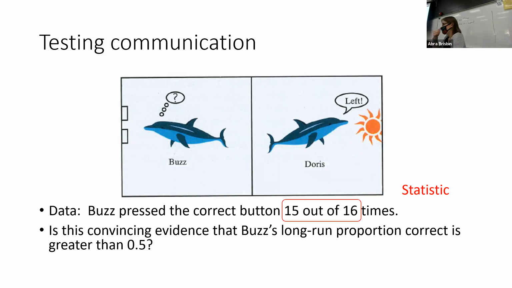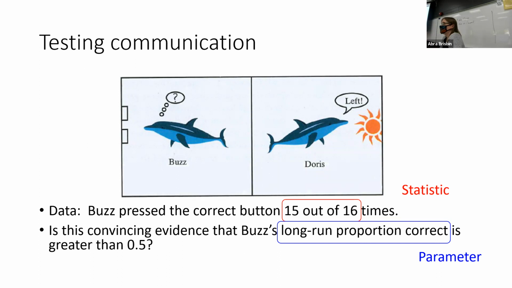Here the 15 out of 16 is our statistic. That's our value summarizing what's in the data, and we could write this either as the statistic is 15 or the statistic is 15/16. Either way works. We're trying to use the statistic to determine something about a claim about the parameter.